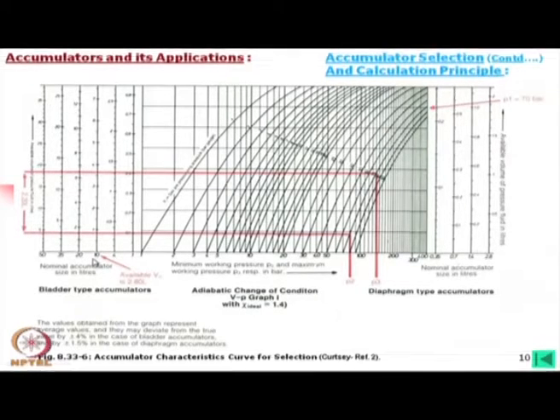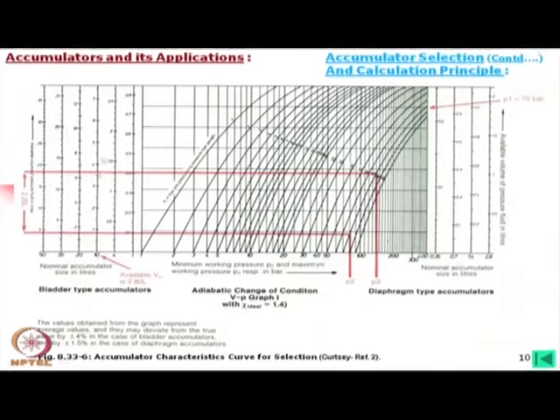That means, if we measure the vessel volume, it is 10 liter capacity, but actual available is 2.20.